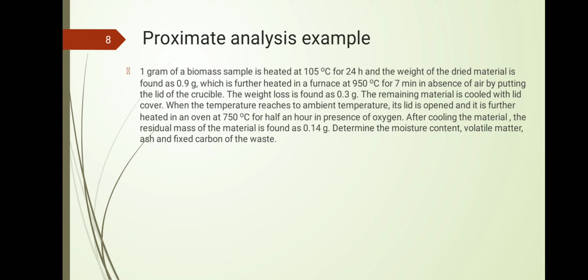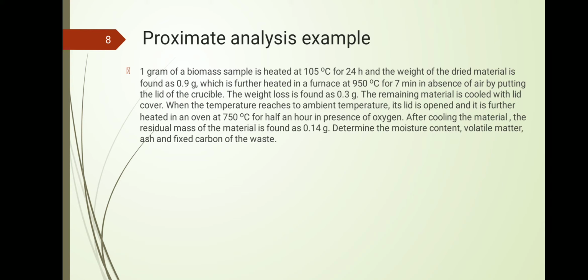So this is a typical numerical example of how we determine the proximate analysis. We have taken 1 gram of biomass. You can see the step-by-step procedure. First we consider the moisture determination. For that it is heated in a furnace at 105 degrees for 24 hours and the weight is reduced to 0.9.